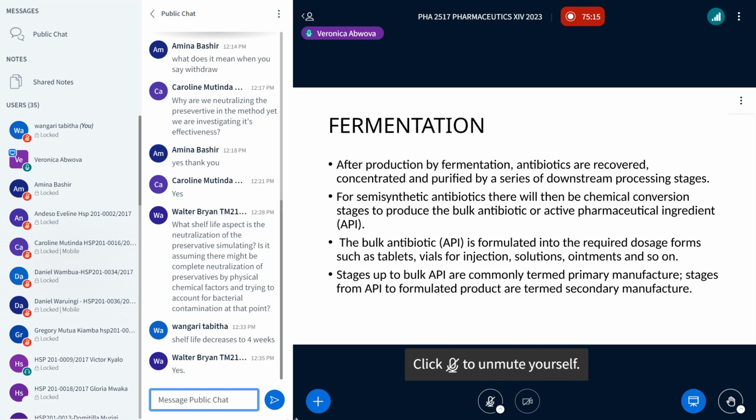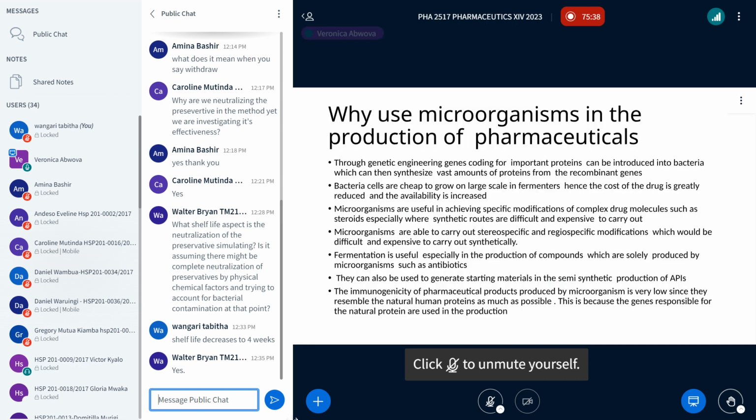The bulk antibiotic or API is formulated into the required dosage forms, such as tablets, vials for injection, solutions, ointments, and so on. Stages up to bulk API are commonly termed primary manufacture. Stages from API to the formulated product are referred to as secondary manufacture.